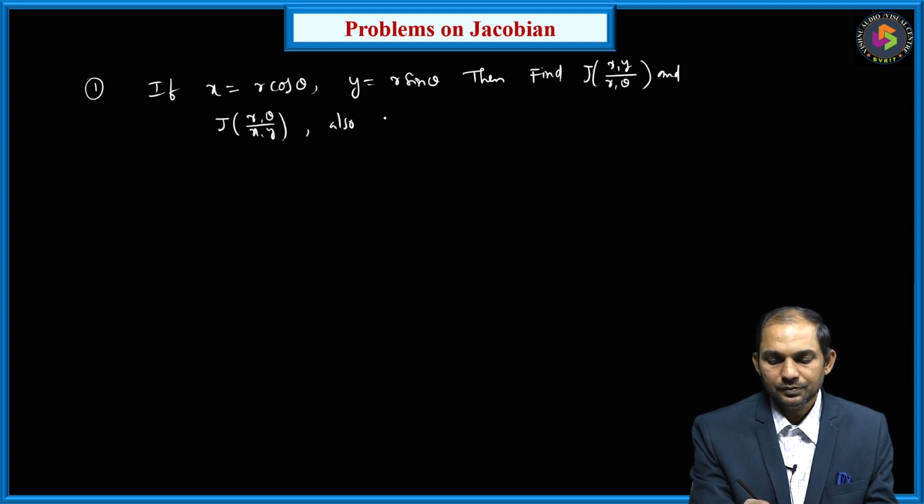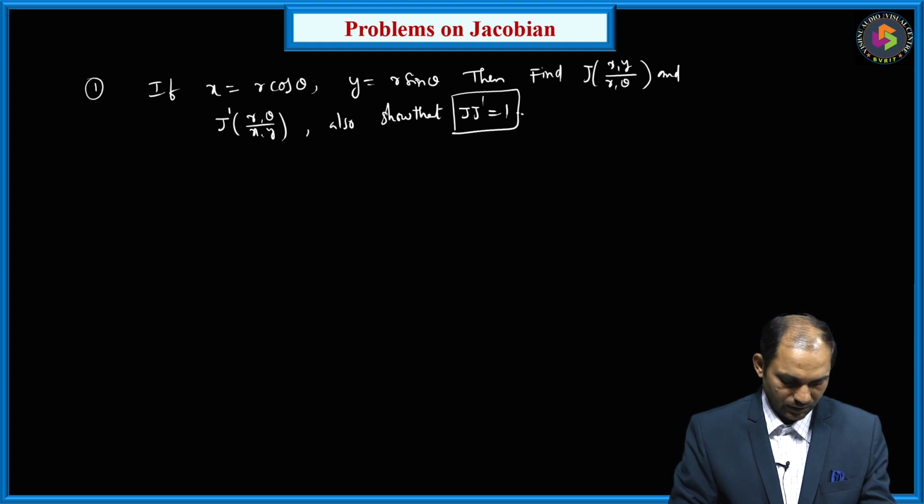Also show that, you label this as J dash, J into J dash is equal to 1. This is the problem statement.